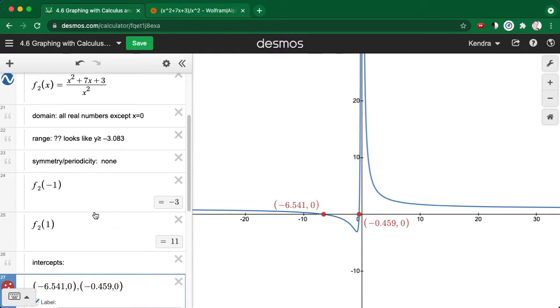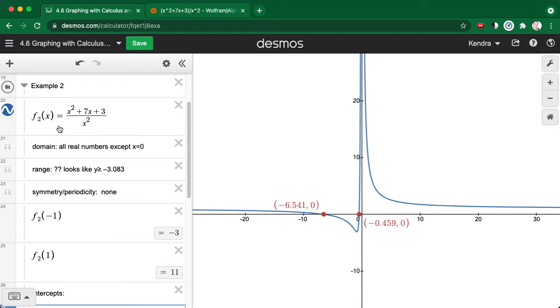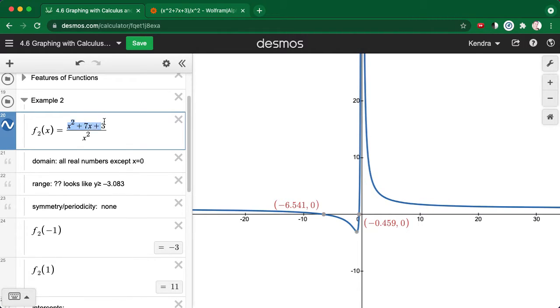So the intercepts come from, with a rational function, what makes the numerator equal to 0. This is a second-degree polynomial, so it should have 2 complex roots. We get 2 real roots, so that means that's all of the real roots.